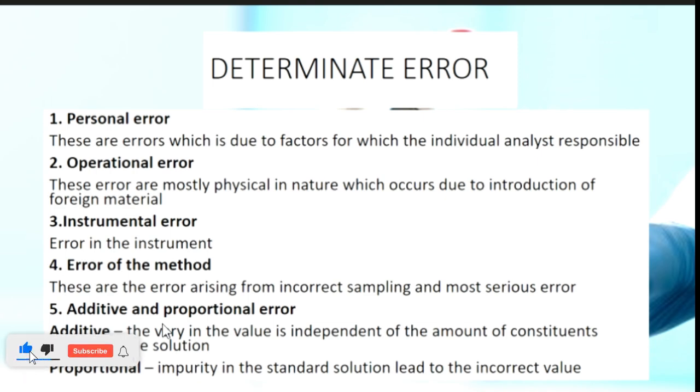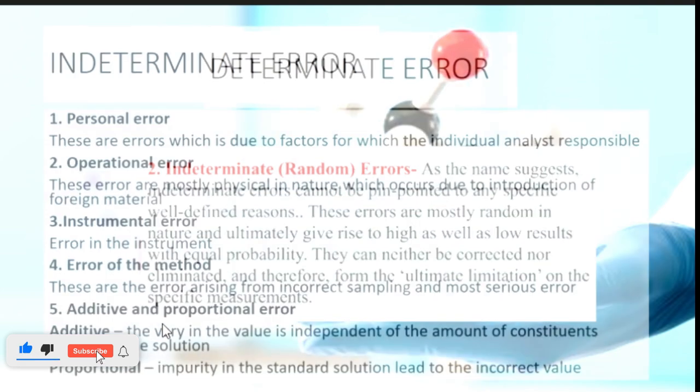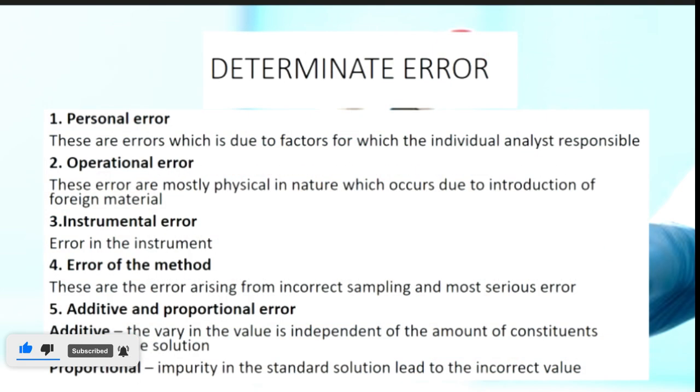While doing the experiment, we unknowingly add a foreign substance, or read the burette wrongly. Other examples are mechanical loss of material in various steps of the analysis, ignition of precipitate at incorrect temperature, adding a hygroscopic material, or errors in calculations. These are the personal errors.